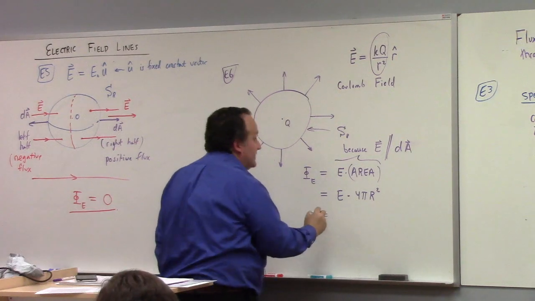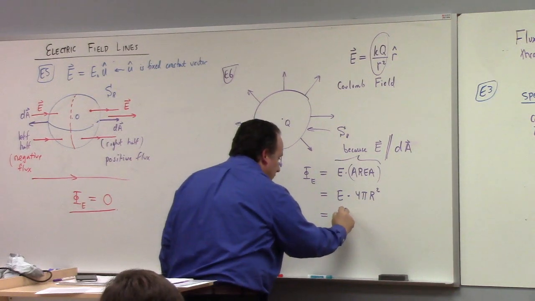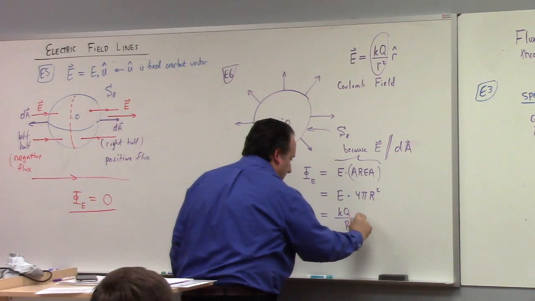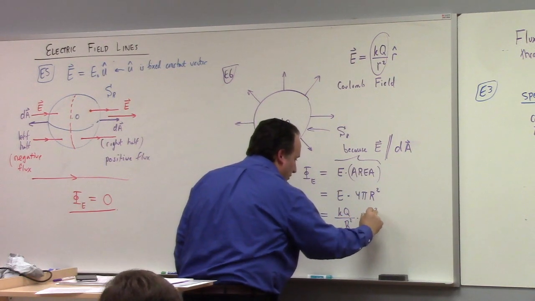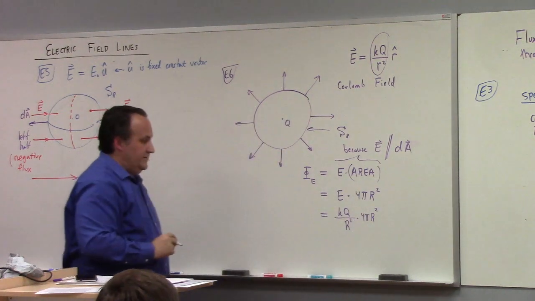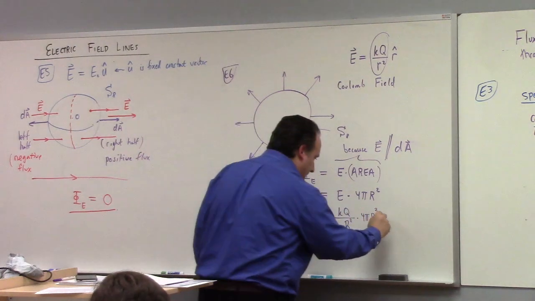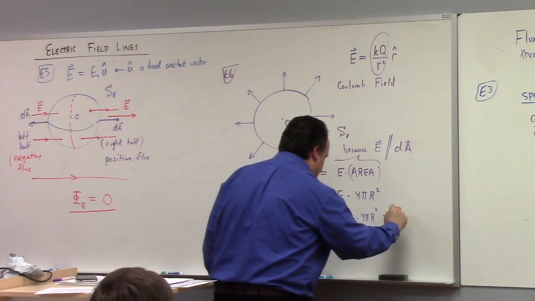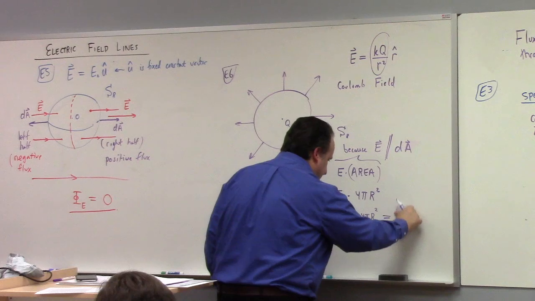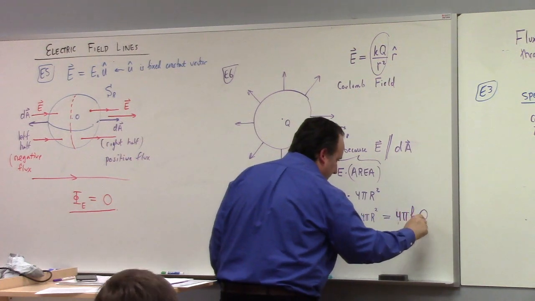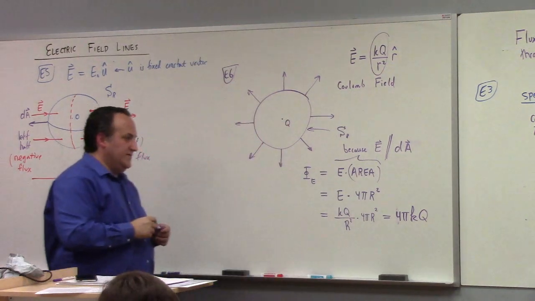We can say, aha, this is really kq over r squared times 4 pi r squared. Whoa. Check that out. The r squareds cancel. And we've got ourselves a 4 pi k q.